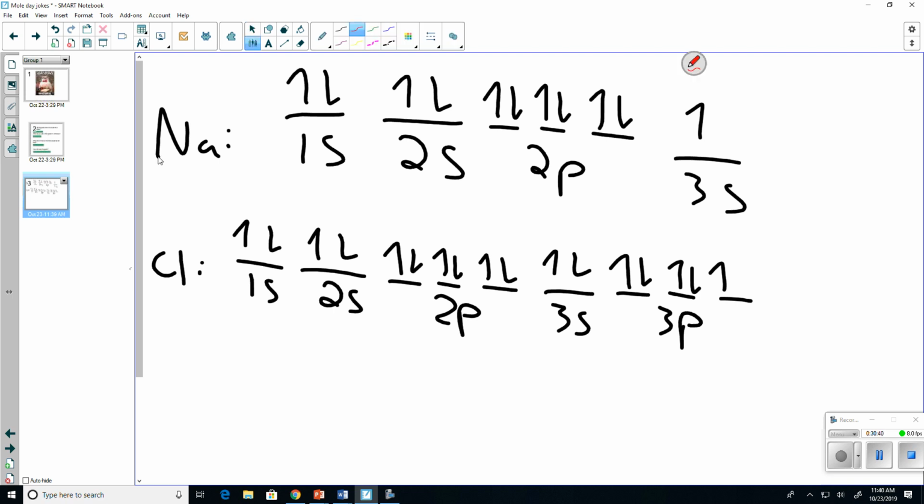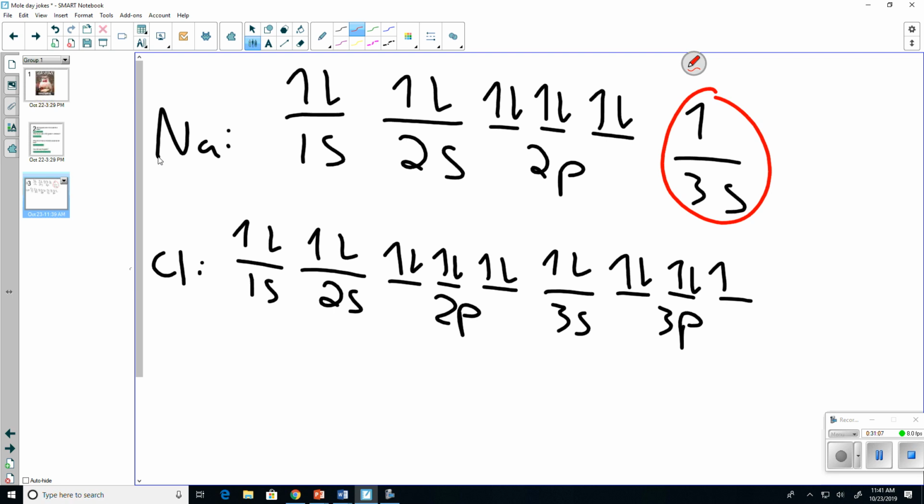But if it lost that 1, and that 3s is gone, now how many outer shell electrons would it have? 8. That's why in sodium chloride and other sodium compounds, sodium is a +1 charge. Sodium's not going to be a +2 charge. If it lost one of these, it's no longer stable.